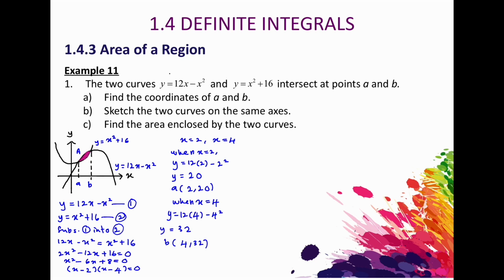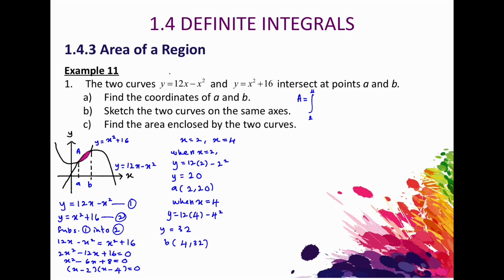Question b requires us to sketch the two curves on the same axis, which has already been done. Now in order to find the area enclosed by the two curves, we're going to integrate from 2 to 4.